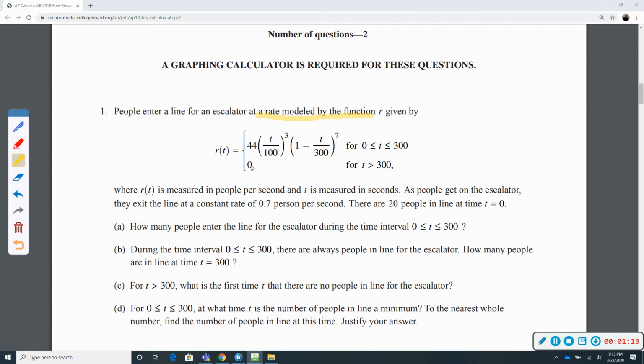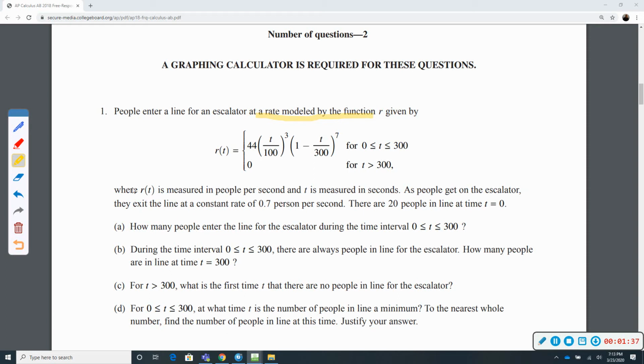It's a piecewise function. The first branch, 44 times t over 100 to the third power multiplied with 1 minus t over 300 raised to the seventh power for the time between 0 and 300, and 0 for anything higher than 300. Now, r of t is measured in people per second.